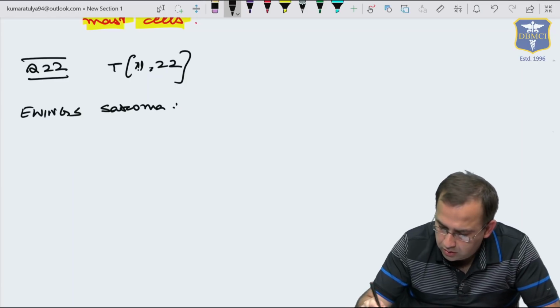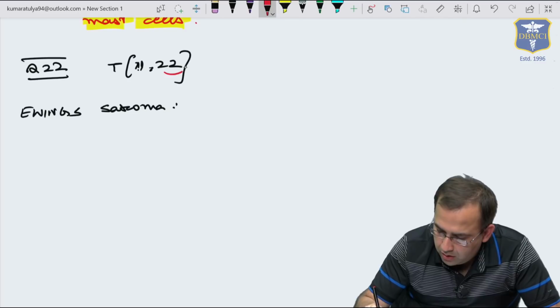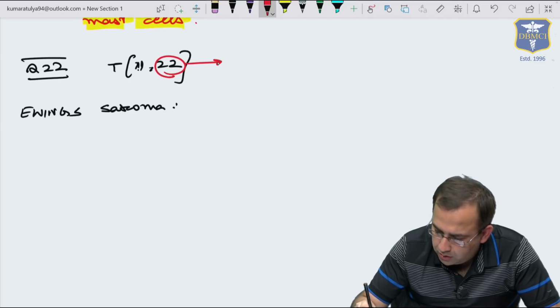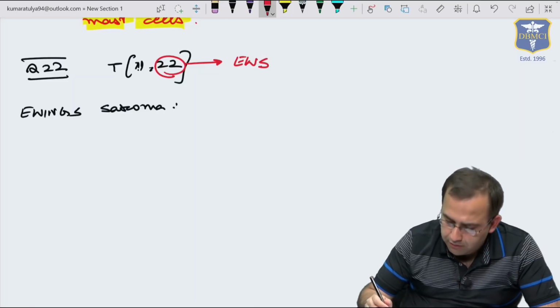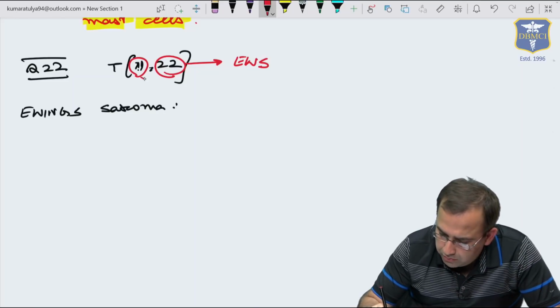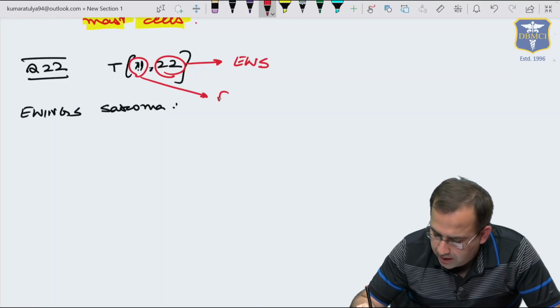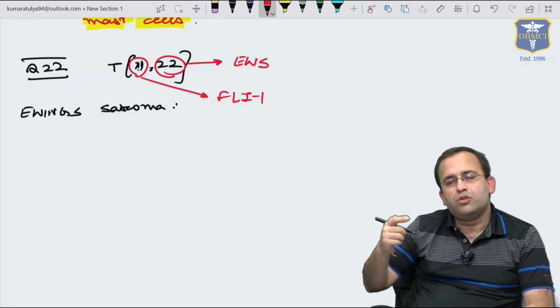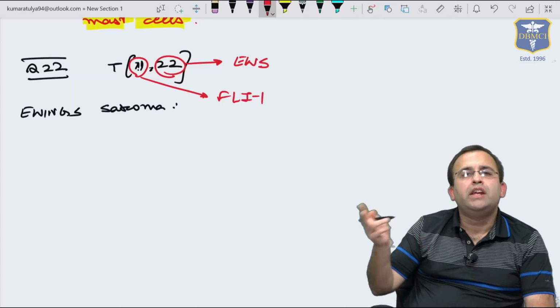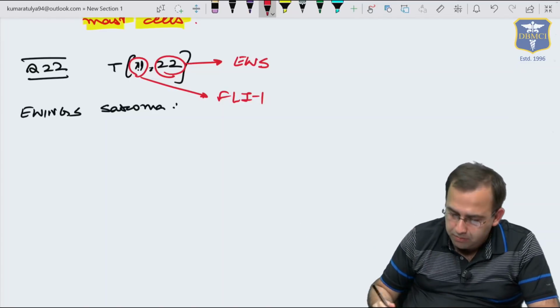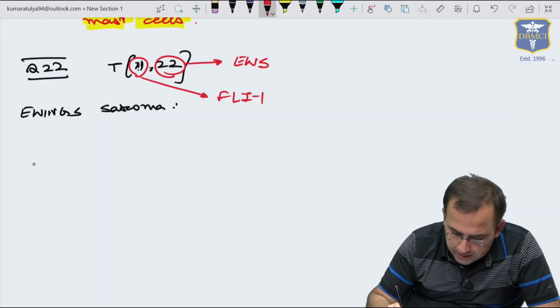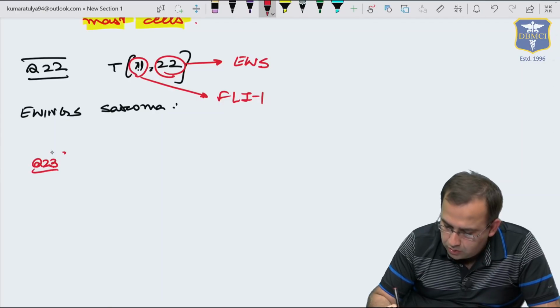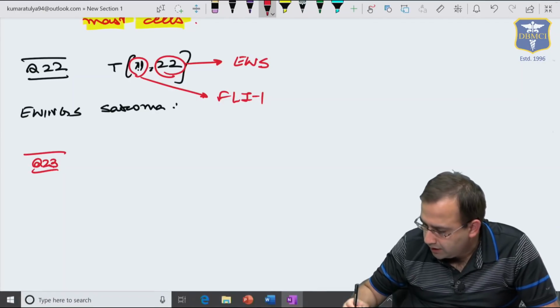On chromosome 22 is EWS, versus on chromosome 11 we have the presence of the FLI1 gene. So Ewing sarcoma is the FLI1-EWS fusion transcript.